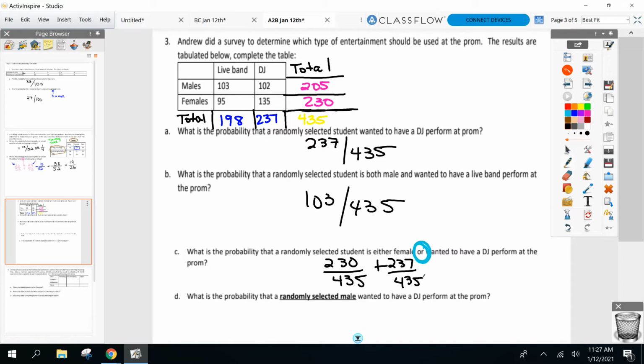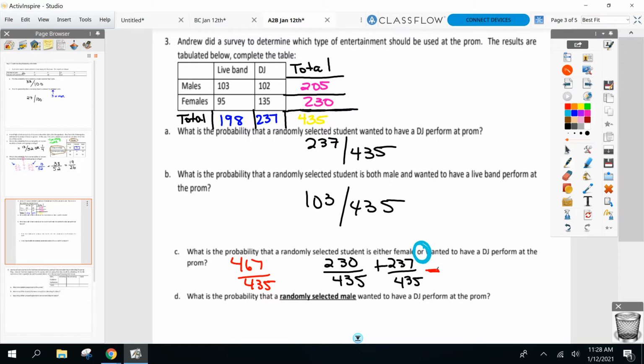Good. Now, hold on, though, guys. See, here's the thing. I know if I stop at this point in the problem, I did something wrong. Here's why I know I did something wrong. If you add up the two numerators, you're going to get 467 out of 435. You kidding me? Probabilities can't be bigger than 1. So you know you did something wrong or you just haven't finished something. We need to subtract out the ones we counted twice, which were females that want a DJ.